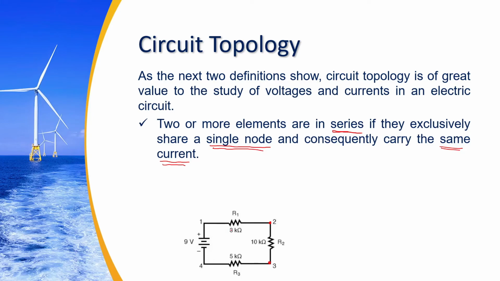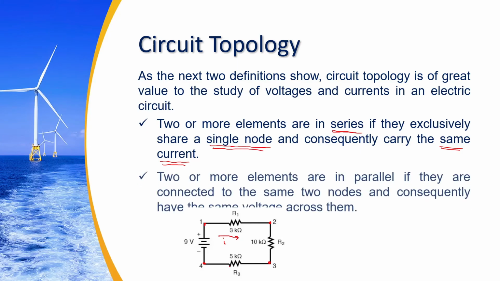Then yung resistor na 3k natin at yung voltage source natin na 9 volts, nag-share sila sa single node na 1. And then yung 5k at yung 9 volts, nag-share sila sa single node na 4. So kung nag-share sila sa single node, pasok sila sa definition ng series. So therefore, yung current na nagpo-flow sa bawat element na yan ay pare-pareho. So meron silang current na pareho.